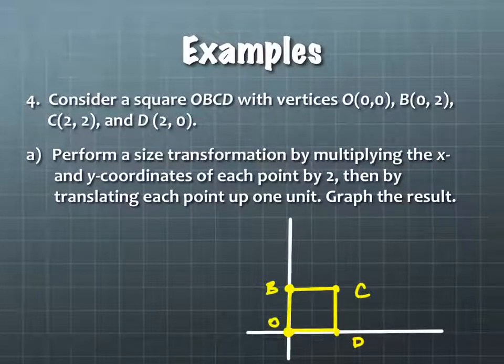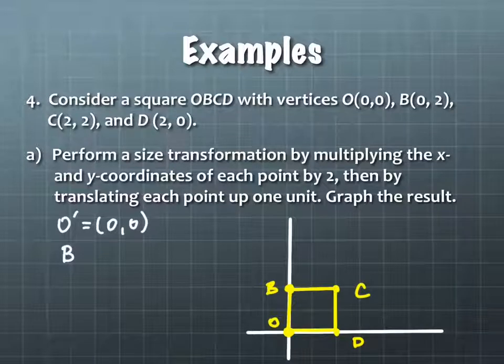Part A says, perform a size transformation by multiplying the x and y coordinates of each point by 2. So let's write them out. So my new point, O prime, was originally 0, 0. And if I multiply the 0 and the 0 by 2, I get 0, 0. Not very exciting. All right, what's the next one? B prime.